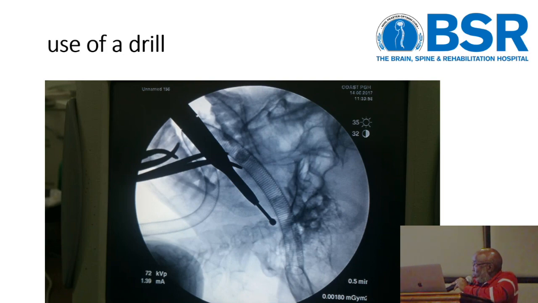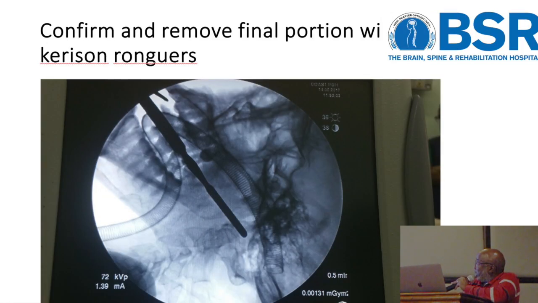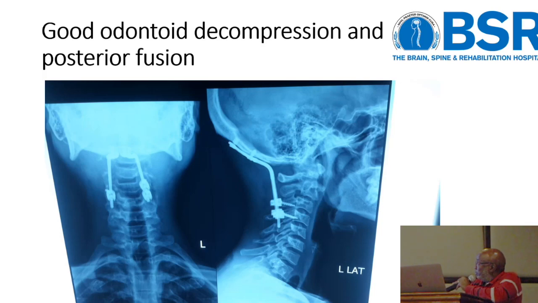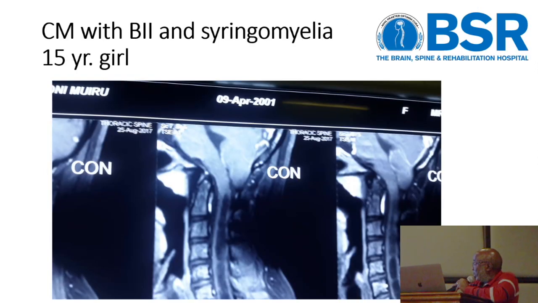But what we do is that you use rongeurs after you've confirmed, to pick up the final portion, the tip. At the end of it, you can see you've got a good odontoid decompression and posterior fusion.